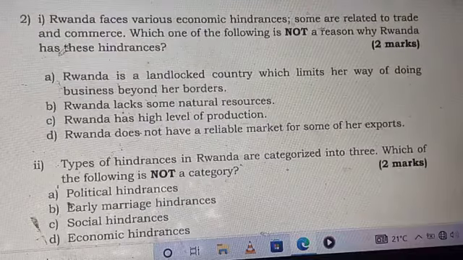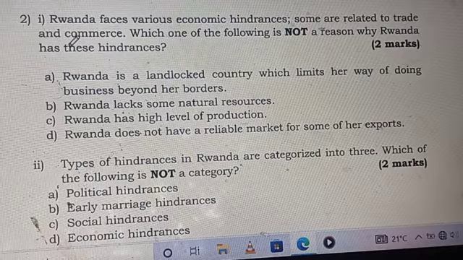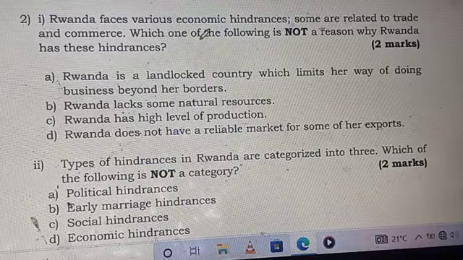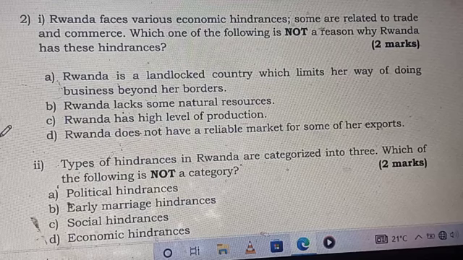Question number 2. Rwanda faces various economic hindrances. Some are related to trade and commerce. Which one of the following is not a reason why Rwanda has these hindrances? We have 4 options. Choose the best answer.